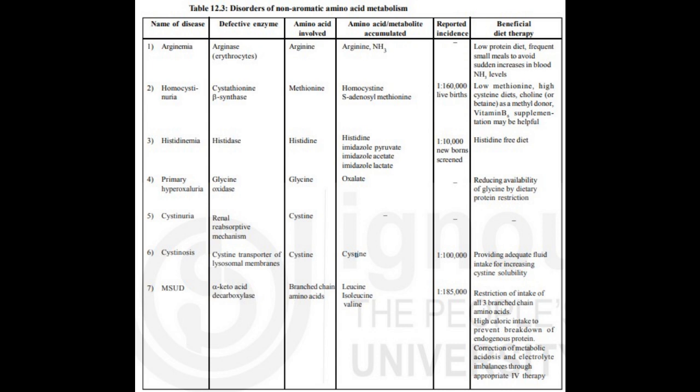Cystinosis: cystine crystals deposited in tissues and organs, particularly reticuloendothelial system, various renal functions impaired. 7. MSUD: difficulty in feeding, vomiting, failure to thrive, absence of Moro reflex, extensive brain damage, retarded physical and mental development.